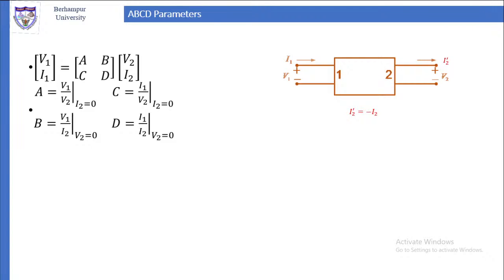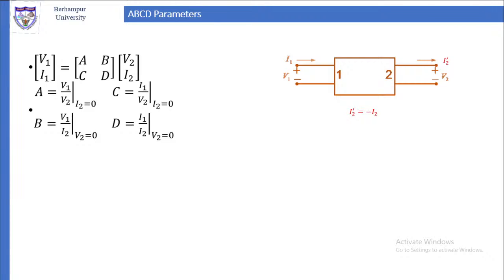Then from this definition we have to find out what is A, what is B, what is C and what is D. If we look at this relationship, then you can say easily that A is equal to V1 by V2 when I2 is equal to 0. So in this above matrix relationship, put I2 is equal to 0, then expand it.